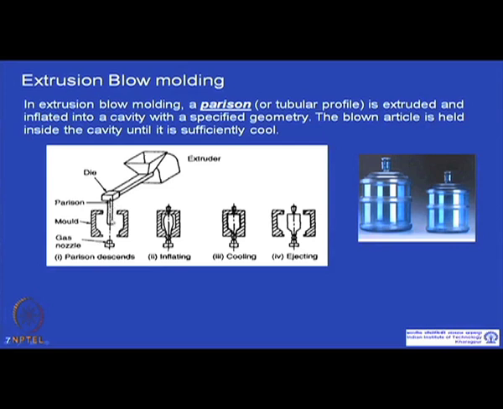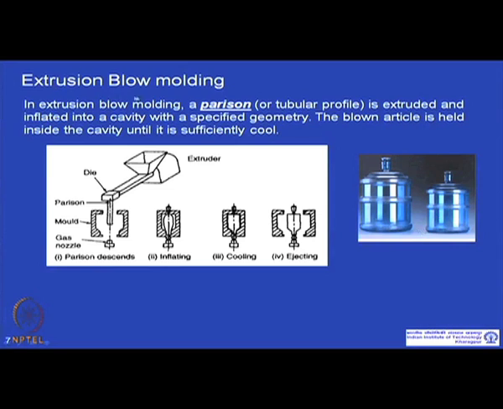This is a tubular profile, and it is placed inside the mold, and then inert gas is injected to inflate this tubular profile till it gets the shape of the mold, and finally it is cooled here and the part is taken out. It is used mainly for bottles, hollow materials like bottles and similar materials.